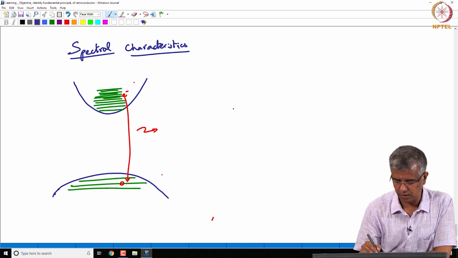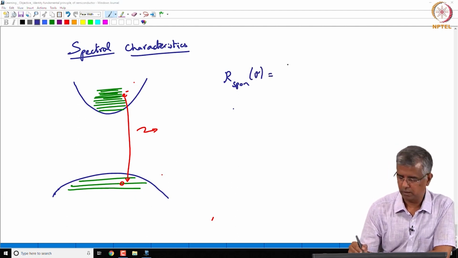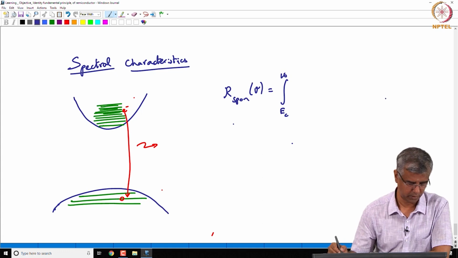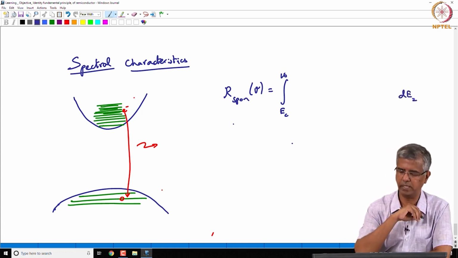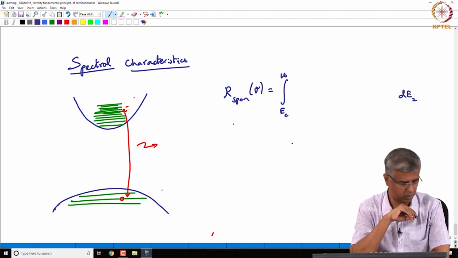But the spontaneous emission rate can be tracked as an integral from EC to infinity over all these energy levels. E2 corresponds to the energy levels in the conduction band.